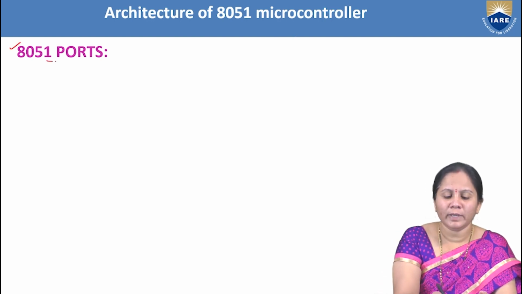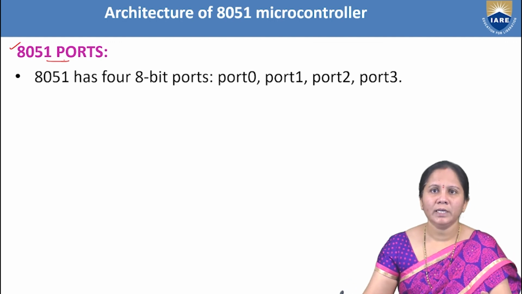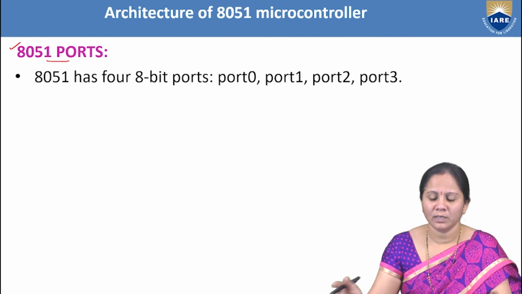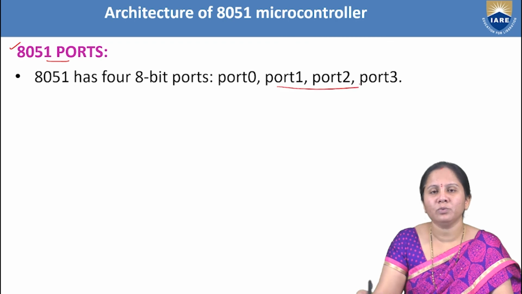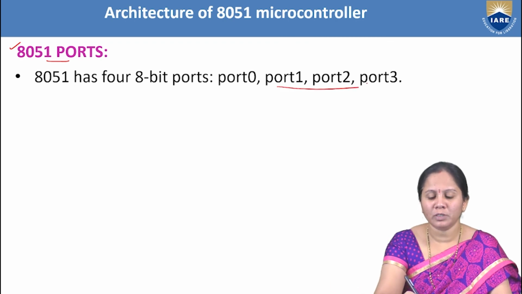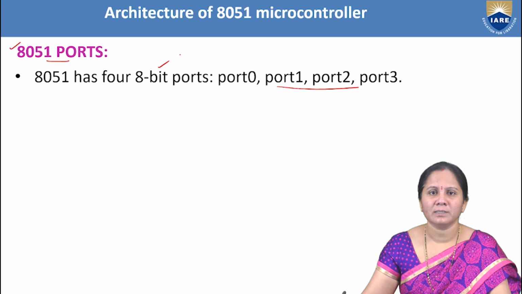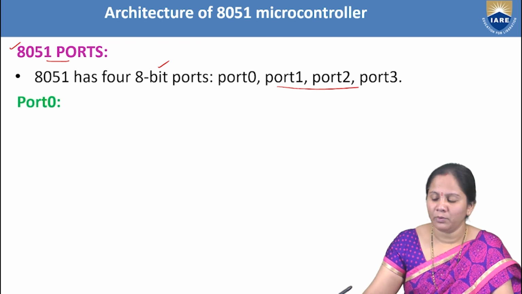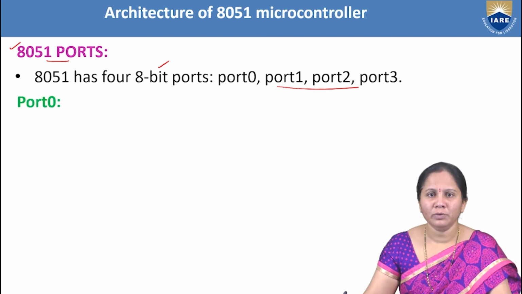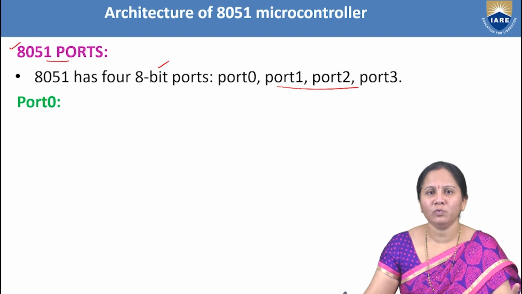Now coming to the 8051 ports, it consists of 4 ports: port 0, port 1, port 2 and port 3. Each port is 8 bits in size. Each port has 2 functions except port 1.